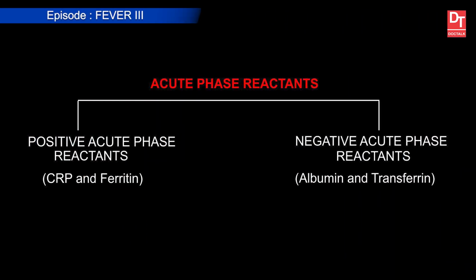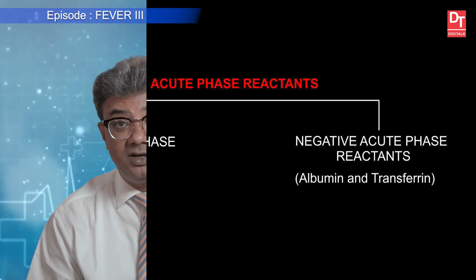Now, important positive phase reactants are like CRP, ferritin. Important negative phase reactants are albumin and transferrin.